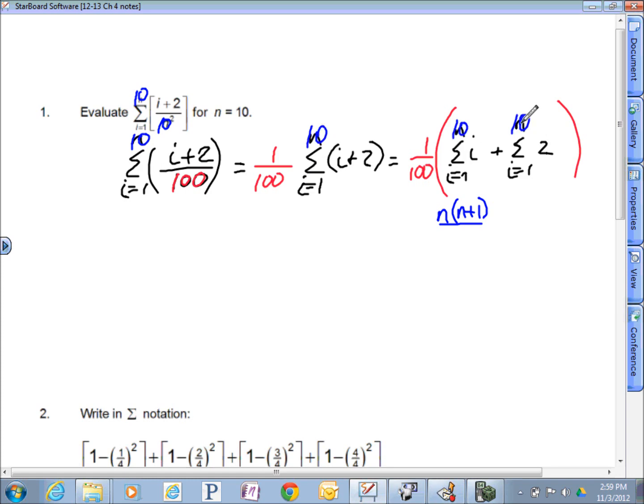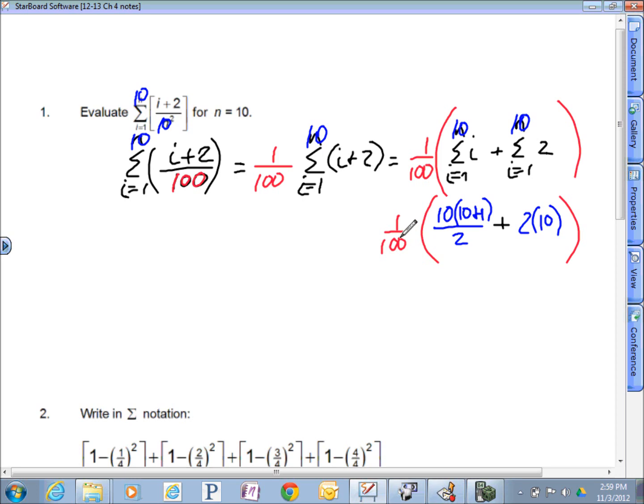So there's a 10 everywhere we see an N. So this is really 10 times 10 plus 1 divided by 2 for that first one, plus the second one is going to be 2 times 10, with a 1/100th out in front.